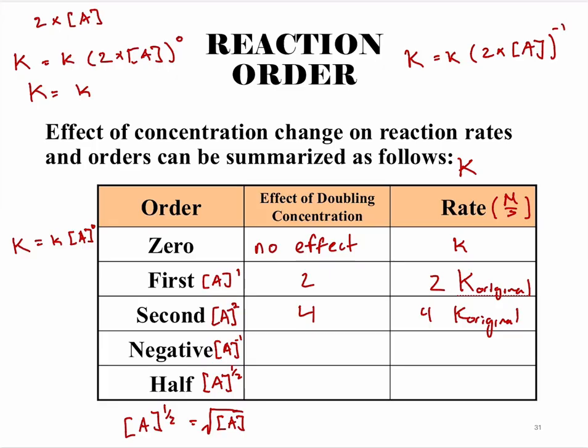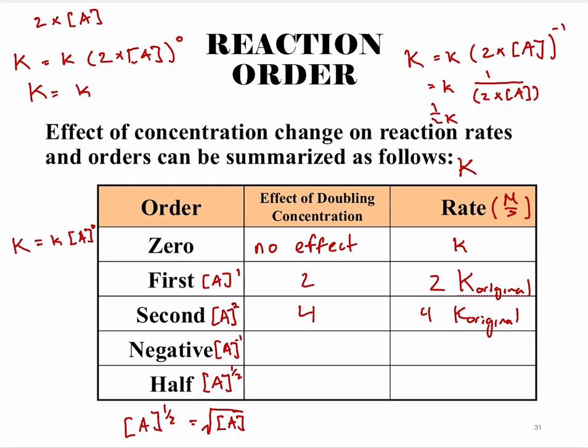Power of -1 is, what's another way of writing that? 1 over that power, right? So this is equal to the rate constant times 1 over 2 times A. Oops, fix that parentheses.